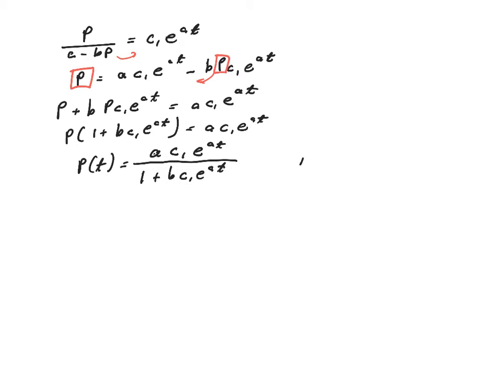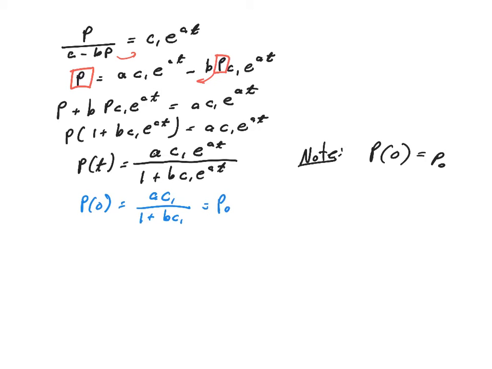Now note, we said our initial condition was P naught. So if I put P naught into there, just really quickly, that's just going to turn into A C1 divided by 1 plus B C1 equal to P naught. And what I can do is solve for C1 and plug that back in there.